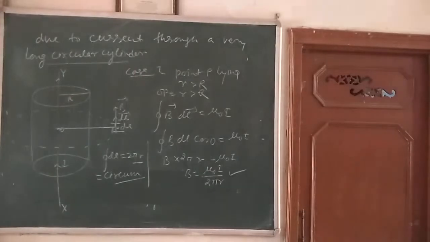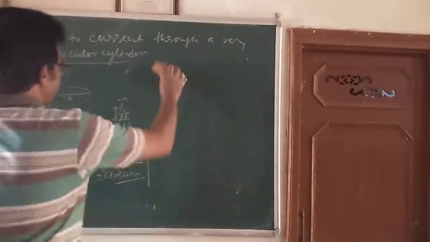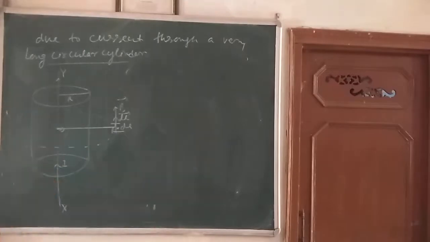Now we take another case. Point P lying inside the cylinder. We take a point P here inside the cylinder and draw a magnetic line of force, say this.